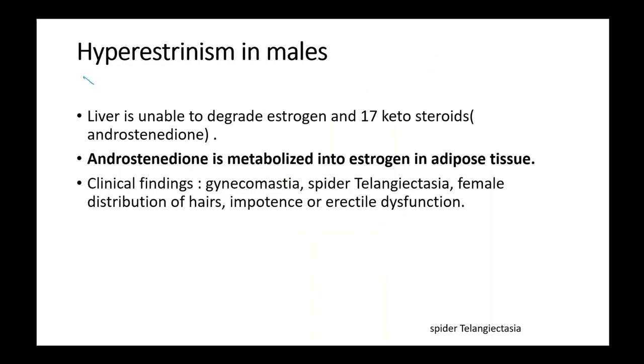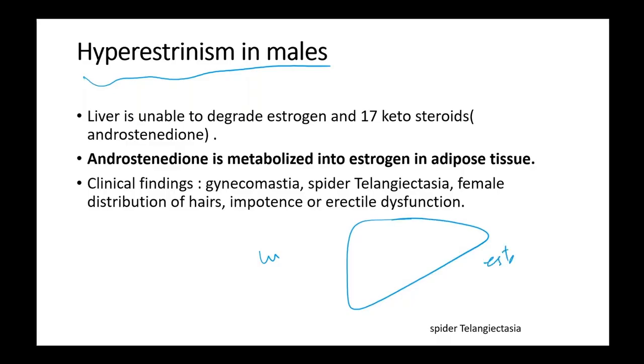Now this is very simple: hyperestrogenism in males. The liver is responsible for the metabolism of estrogen in males. If the liver is not functioning, the estrogen level will go up.